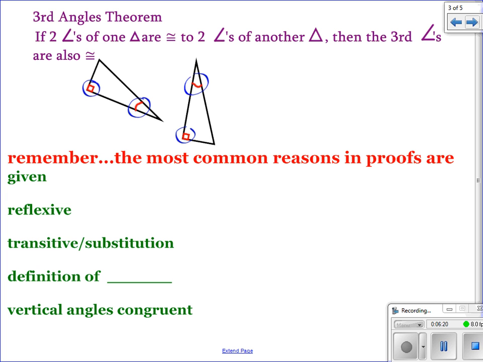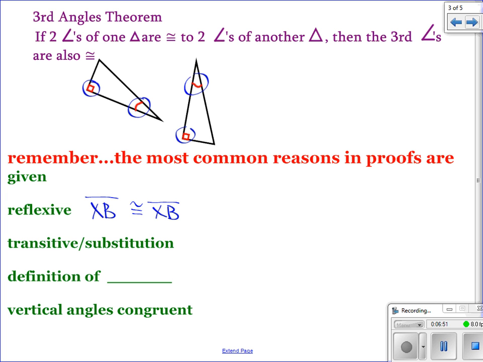So given, obviously stated next to anything that's in the given at the top of the proof. An example of reflexive, just to refresh your memory, would be like if you had side XB, it would be congruent to itself, or you could have an angle congruent to itself. Transitive, substitution, those are very common, definition of, and vertical angles congruent. So those you're going to see quite a bit coming up.